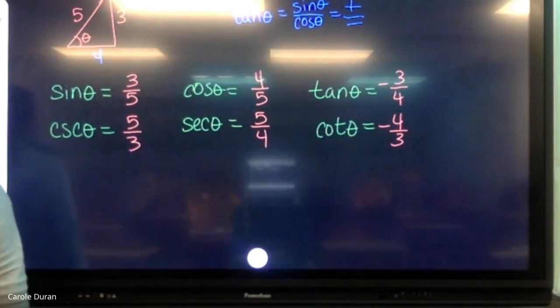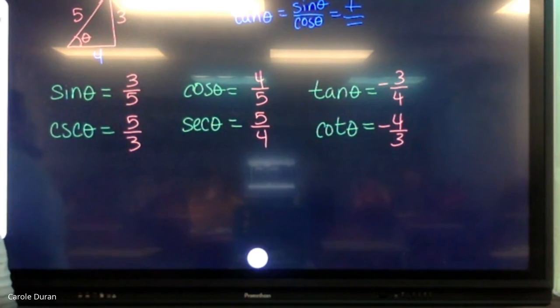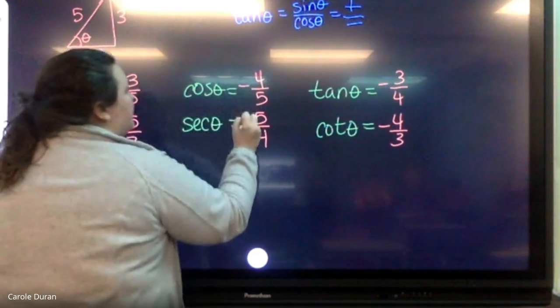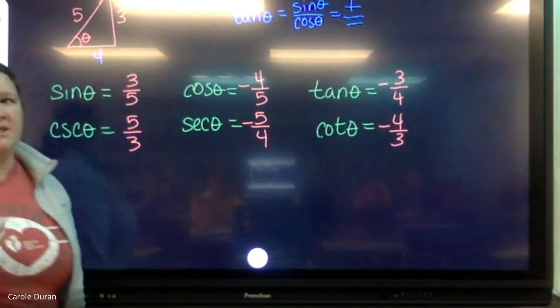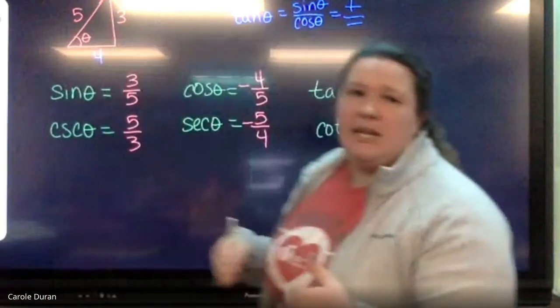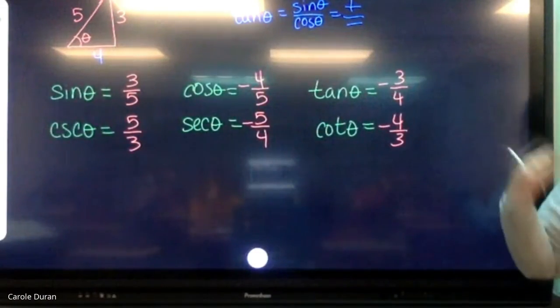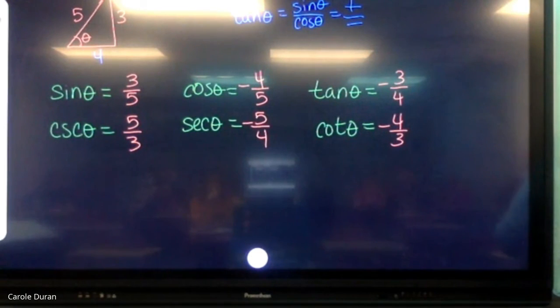We also established, due to that tangent identity, that cosine here also had to be negative, which means secant also had to be negative, because it's its reciprocal. So it is just as easy to go in at the end and fill in negatives where we needed them to be. It really doesn't matter which number we assign the negative to. But if you understood the -4 part of this, then please do it that way. Okay, so you can always do it at the end as well.